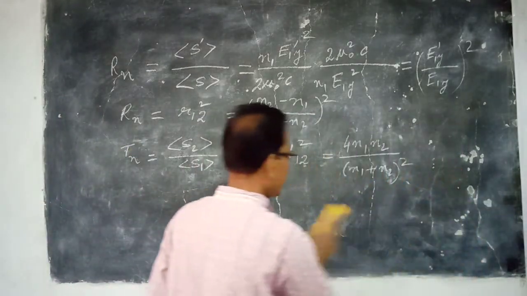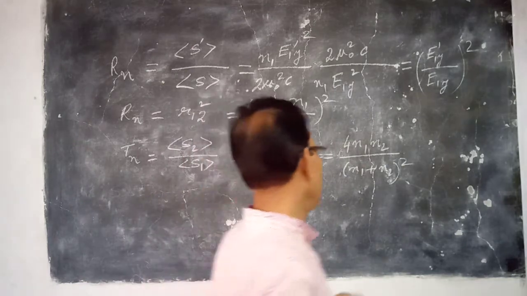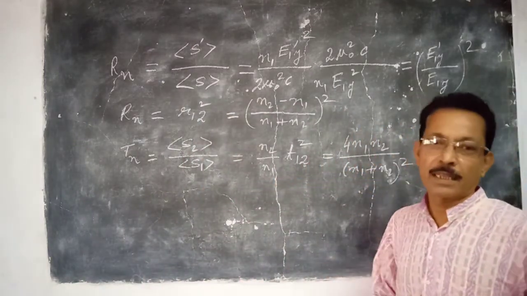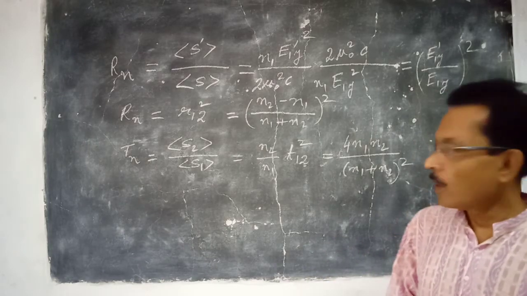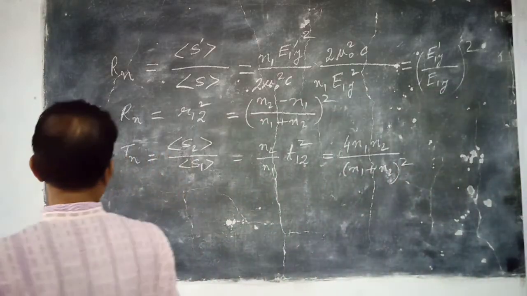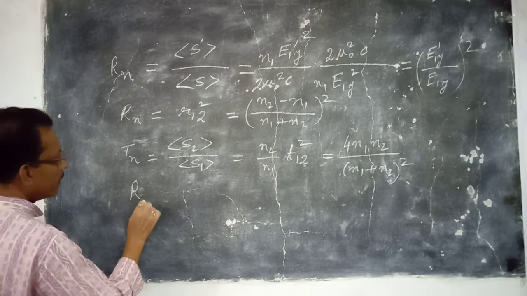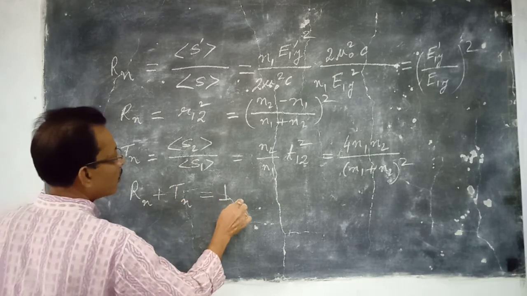Now, if there is no absorption at the interface or in the second medium, then if we revert back the reflected and the transmitted rays, it will again produce the incident ray. So in case of no absorption, Rn plus Tn must be equal to 1.